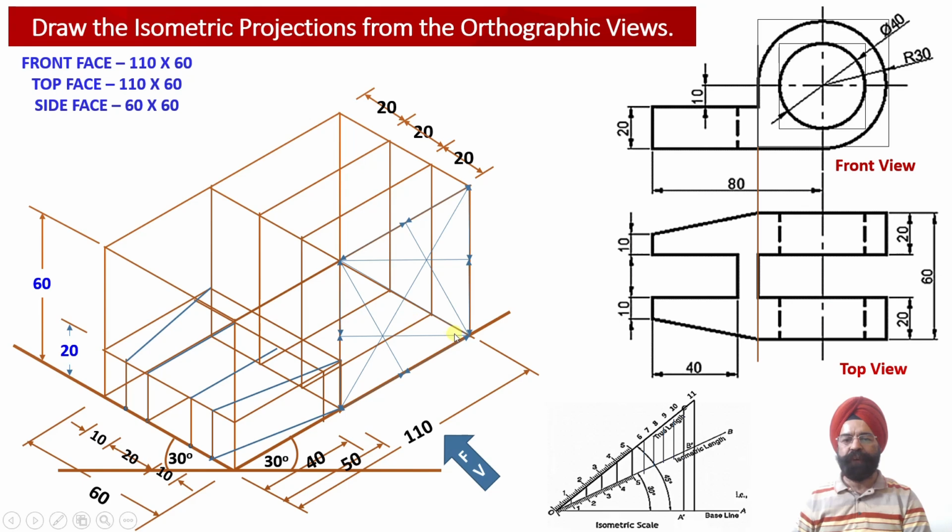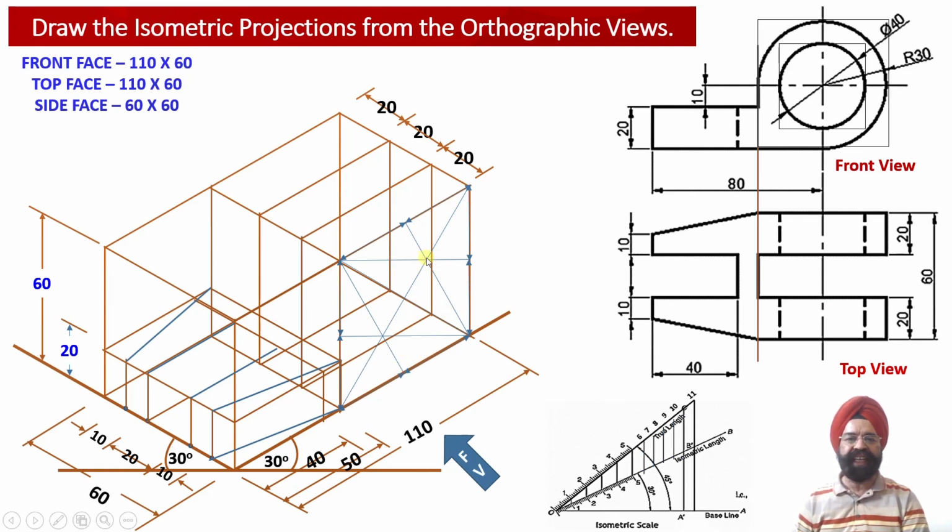Now from the first center point, we will open the compass to this radius, and from this center point we are going to draw one arc over here. Through the second center point we use this radius and draw the second arc over here.